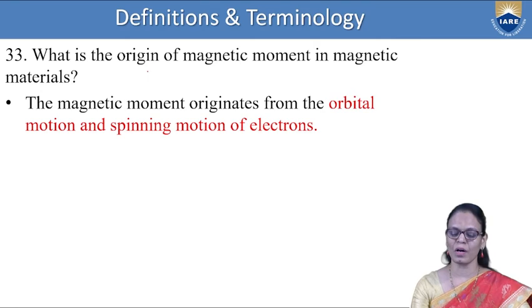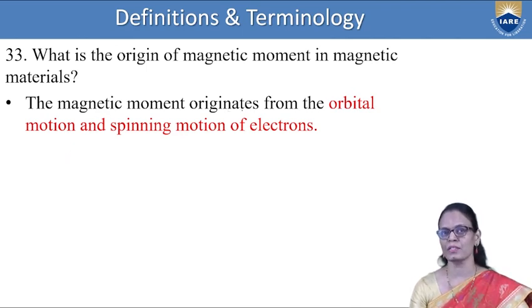Next, what is the origin of magnetic moment in magnetic materials? How does this magnetic moment occur? The magnetic moment originates from the orbital motion and the spinning motion of the electrons.